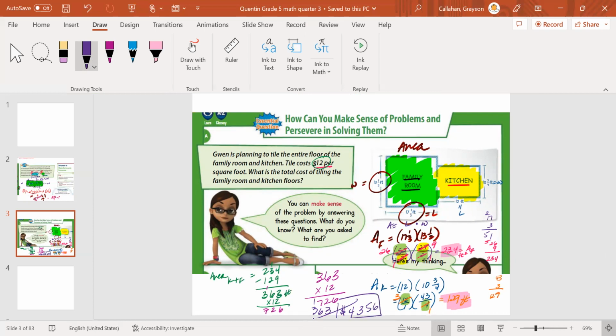But that's how much it's gonna cost to replace all the flooring in the family room and the kitchen. Okay. All right, let's go on to the next question. You're doing a really good job, Quentin.